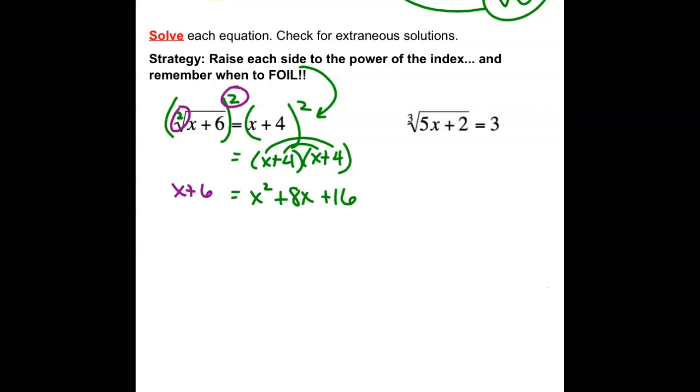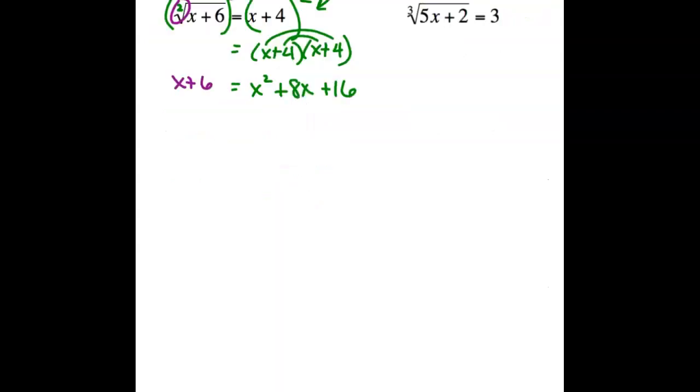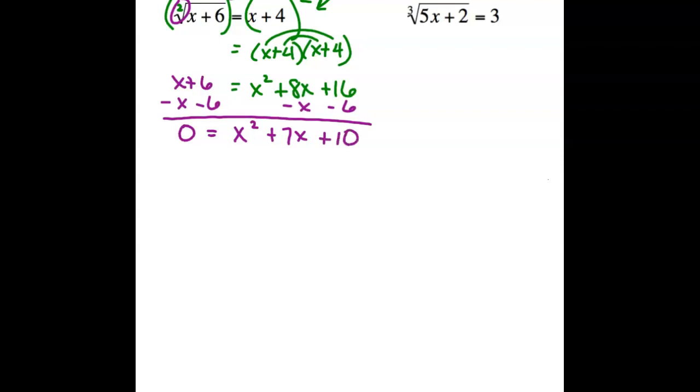And because we have an x squared, we have a quadratic equation that we're solving. We need to get everything to one side, so we have one side equal to 0. So I'm going to subtract the x and the 6 over to the right. That leaves me x squared plus 7x plus 10. And then we can solve that quadratic by factoring.